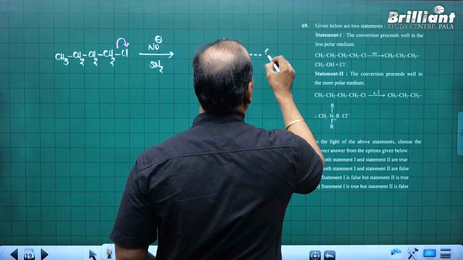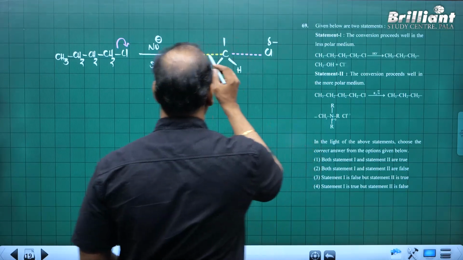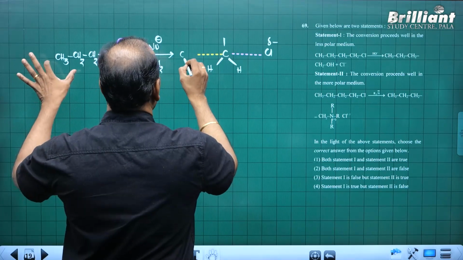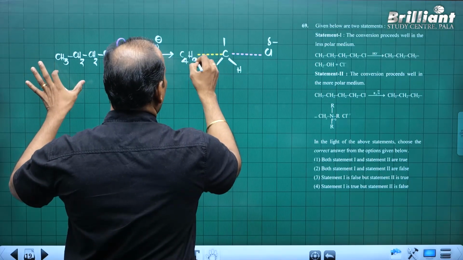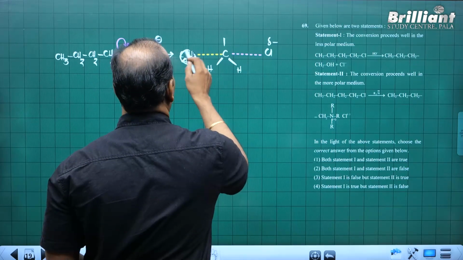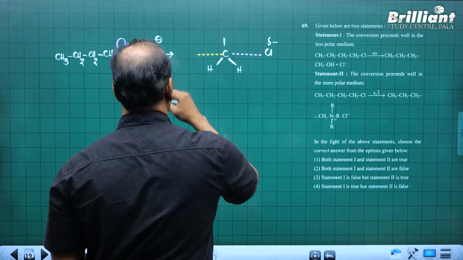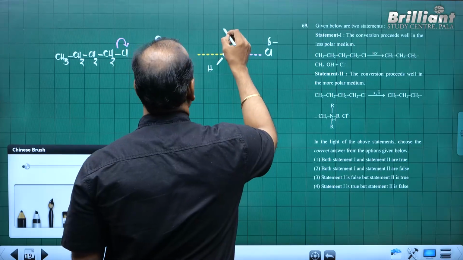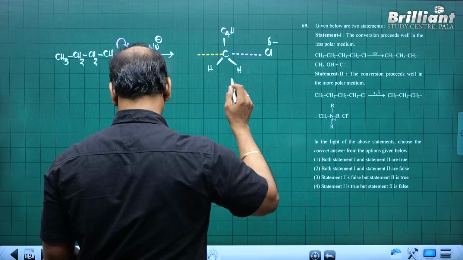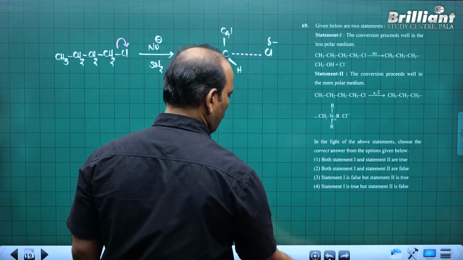This is Cl minus, partially negative charge, here C4H9, sorry, this is C4H9, or you can take one alkyl group, it is not a problem.